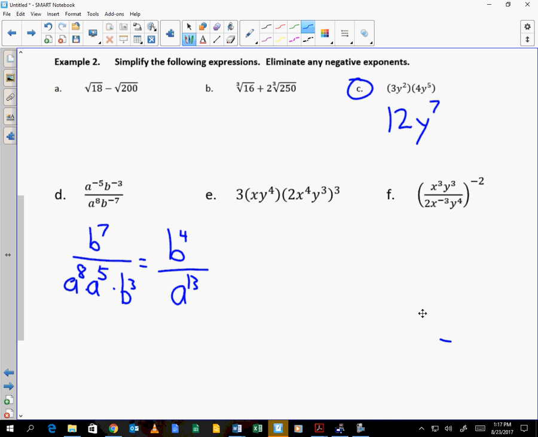I just did subtraction. So what's negative 5 minus 8? That would be on the denominator since it's negative. And then what's negative 3 minus negative 7? So that's on top. Right? So the subtraction rule for the exponents works just fine.